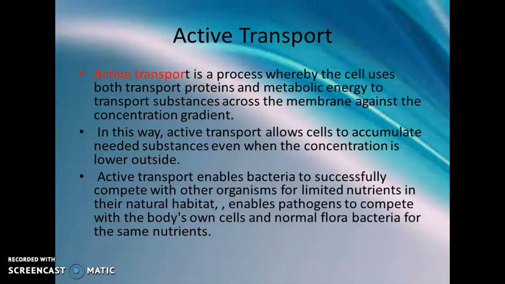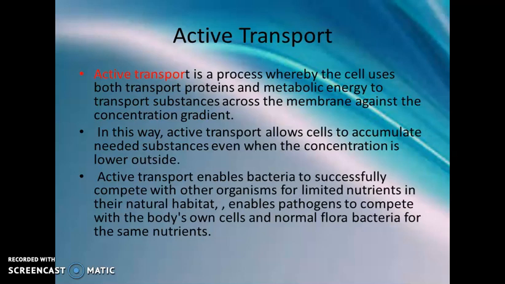But active transport requires the expenditure of metabolic energy to transport substances across the membrane against the concentration gradient. In this way, active transport allows the cells to accumulate needed substances even when the concentration is lower inside.